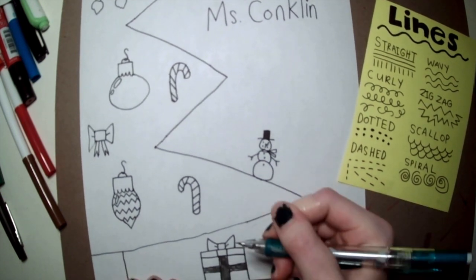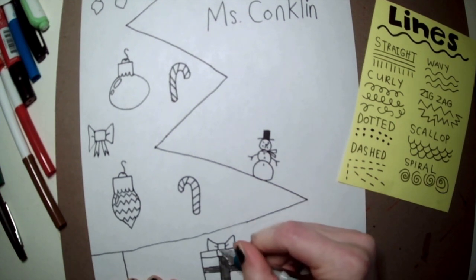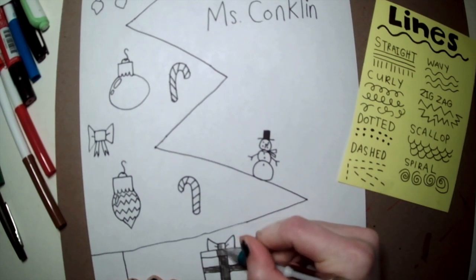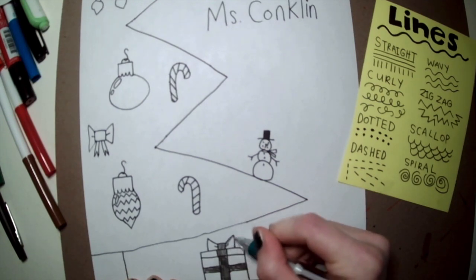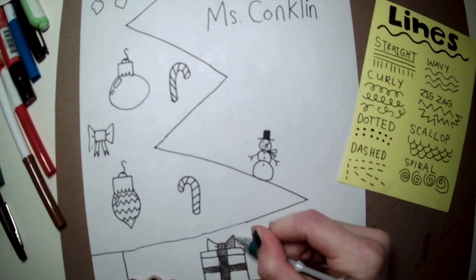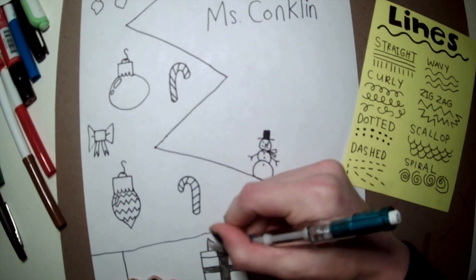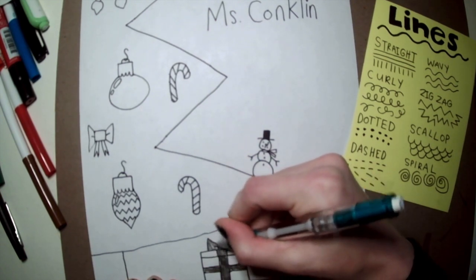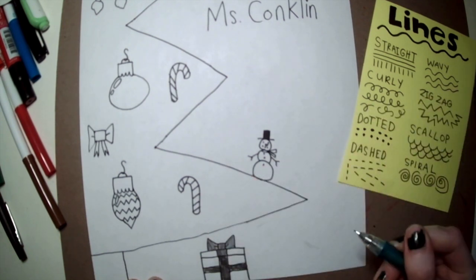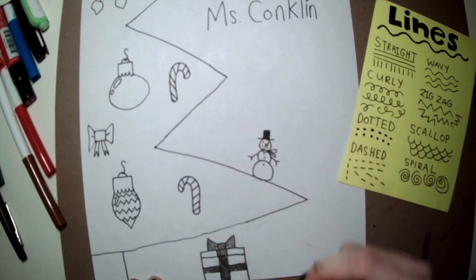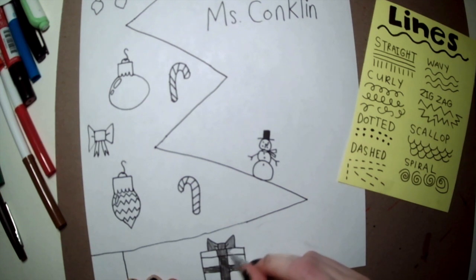And then I might use my pencil but press a little bit lighter and make the top of my bow a little bit lighter. And then I might use my pencil even lighter than that, and I might make the very top of my box super light.